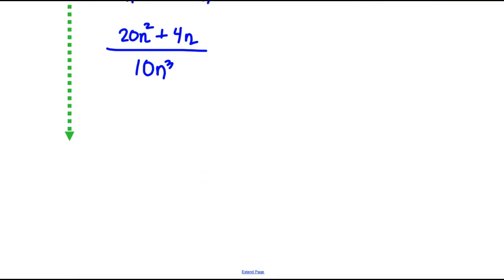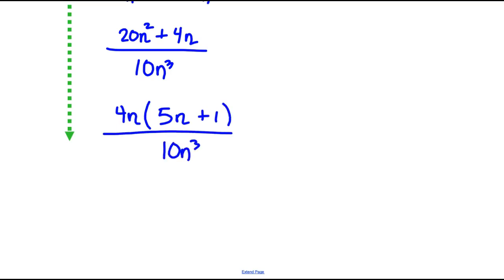Factor out what you can, so you can take a 4n out of the top, and you're left with 5n plus 1 over 10n cubed. Now I have a common factor of 2 and an n. So I can divide the top by 2n and the bottom by 2n, which is essentially like factoring out a 2n. And so I'm left with 2 times 5n plus 1 over 5n squared.